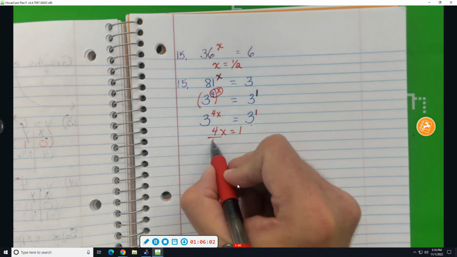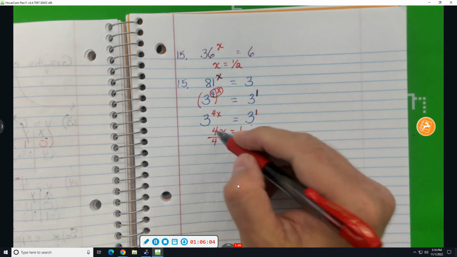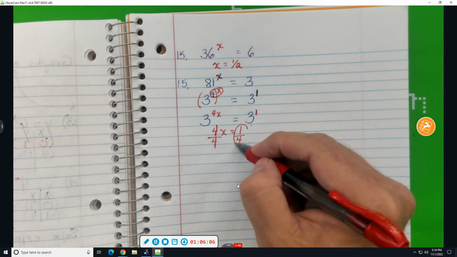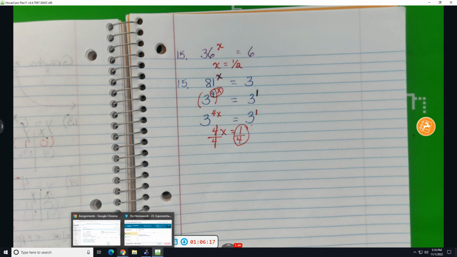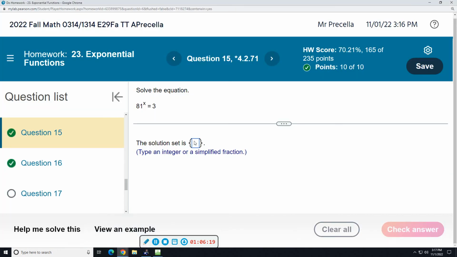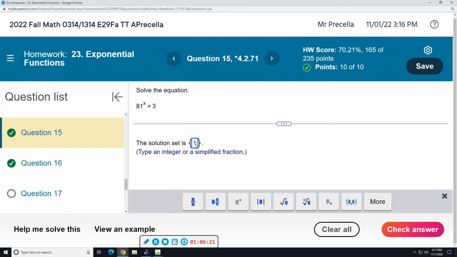So it would be 81 to the 1/4 power equals 3. A 1/4 exponent is a 4th root. So you're saying the 4th root of 81 is 3.